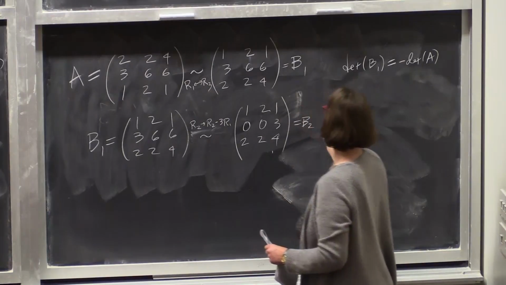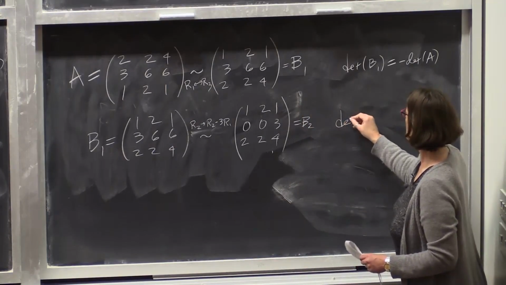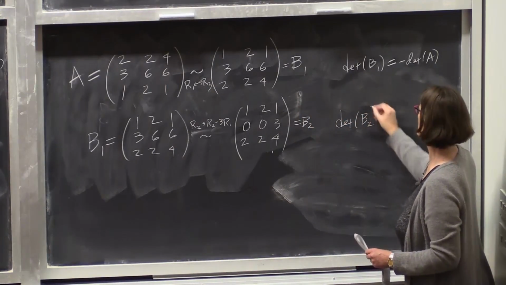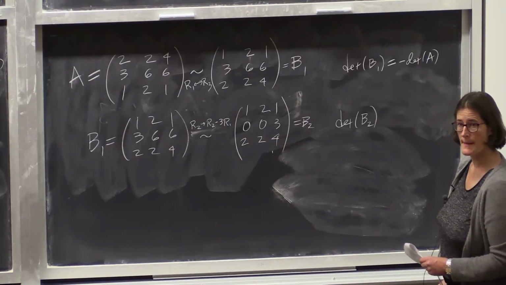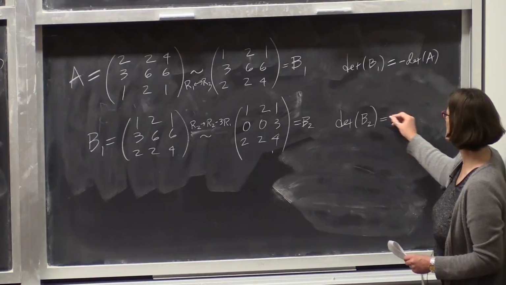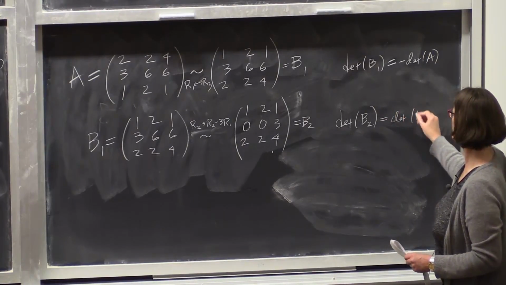So this is B2. The determinant of B2 is related how to the determinant of B1? They're the same. Which fact? Fact 3.